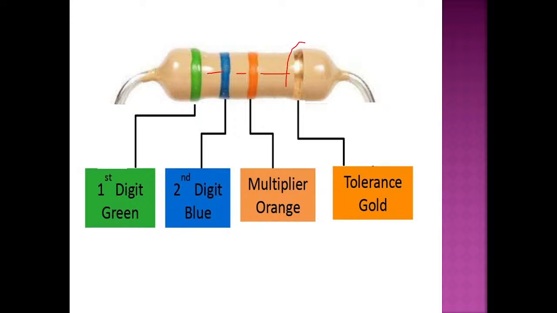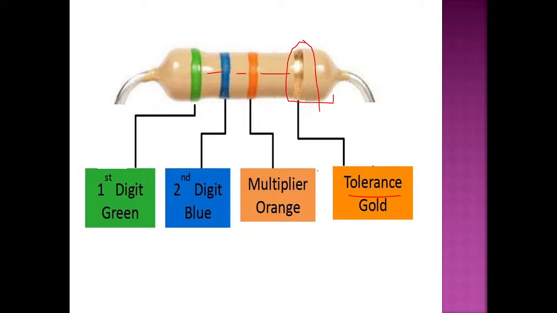This fourth band represents the tolerance. Tolerance refers to the percentage by which the actual resistance of the resistor will vary from the stated value. So usually for a four banded color coded resistor, the fourth band represents what?